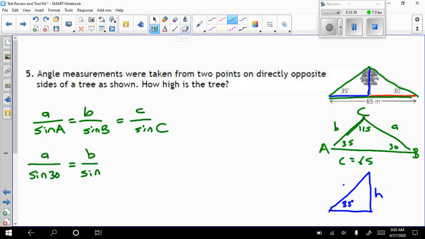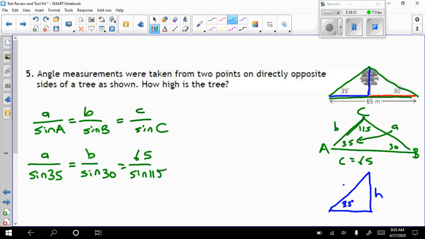Let me go fix this. That was a over sine of 35. Notice that a is opposite the 35. B over sine 30 is equal to 65 over sine of 115.